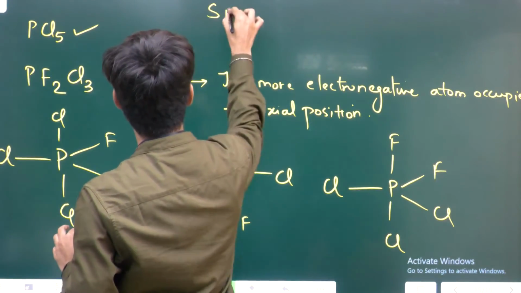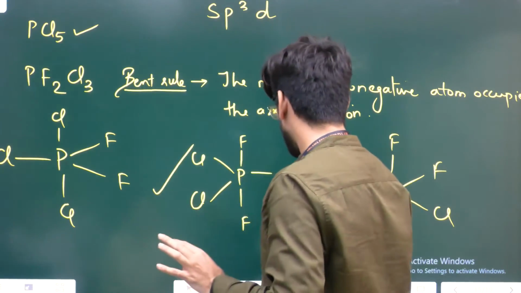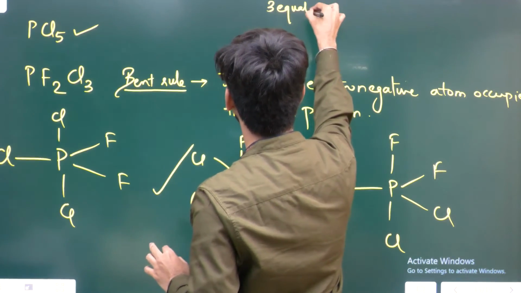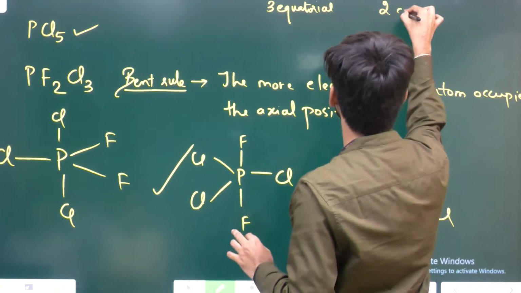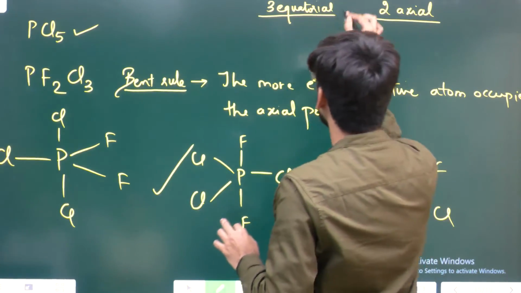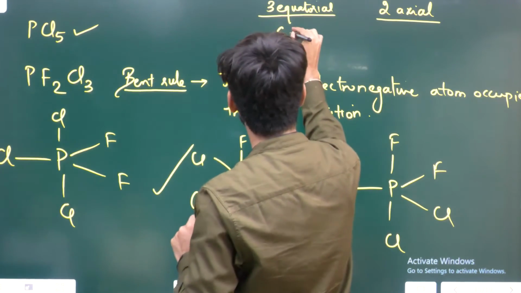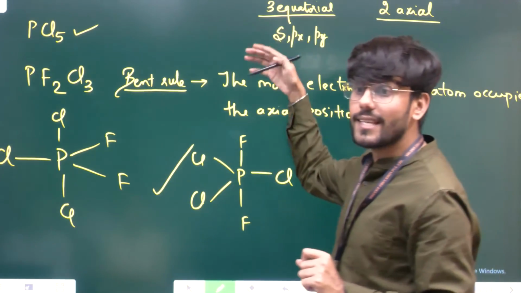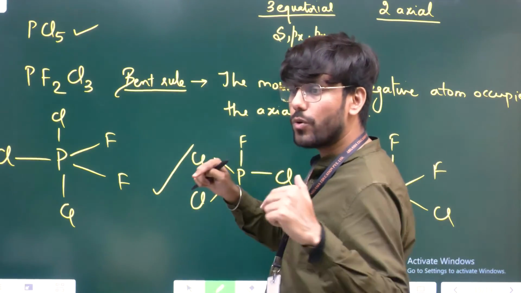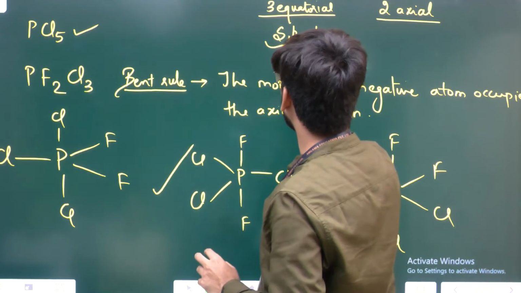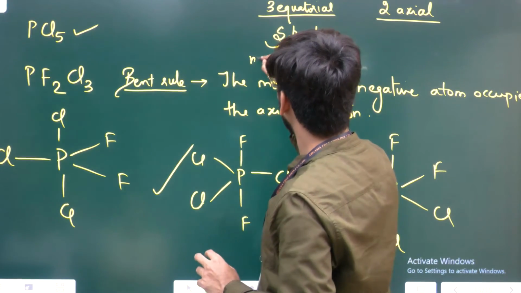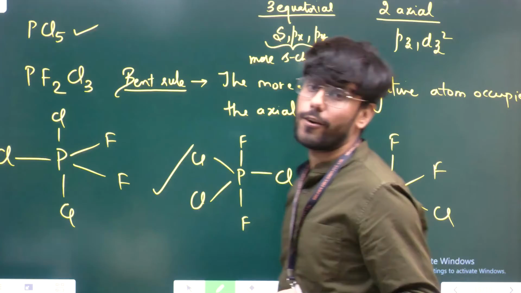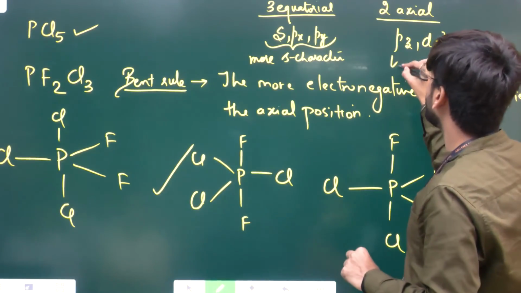Reason ये है कि देखो हमारे पास है sp3d, right? तो देखो एक बात, मेरे पास 3 equatorial positions हैं और 2 axial positions, right? 3 equatorial positions में जो orbitals involved होते हैं वो होते हैं s, px and py. जहाँ पे ज्यादा s कैरेक्टर है, क्योंकि s involved है। तो s कैरेक्टर कहाँ पर ज्यादा है? इक्वेटोरियल पोजीशंस में. और जो 2 एक्सियल पोजीशंस हैं वहां पर मेरा pz और dz स्क्वायर involved है, जहां पर less s कैरेक्टर.